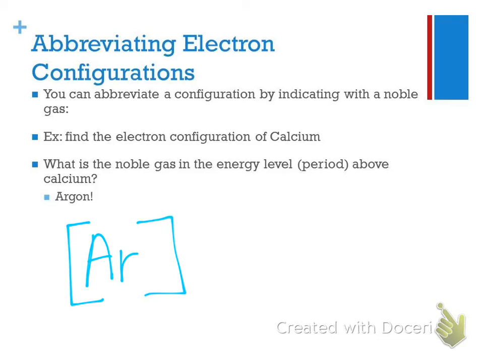After argon, what needs to be filled in order for it to indicate calcium? 4s2. Very good. So that's how we do abbreviated. This is sometimes called noble gas configuration or abbreviated electron configurations. There are a couple different names for this, but we're essentially abbreviating these electron configurations with a noble gas.